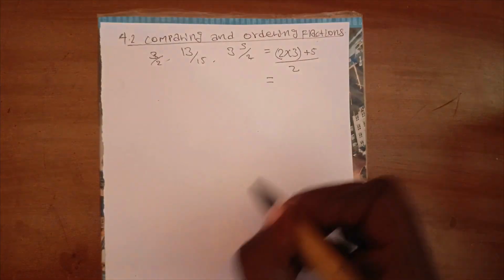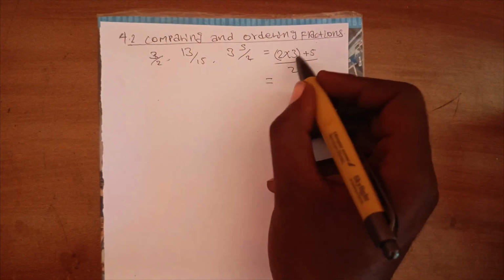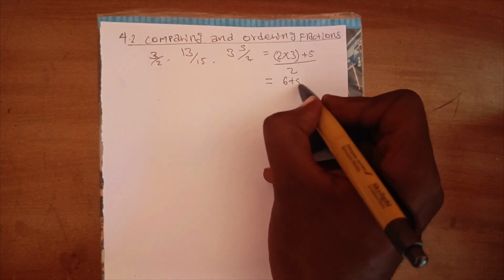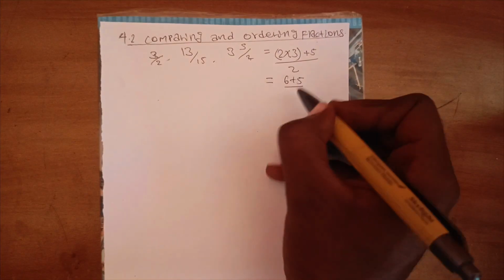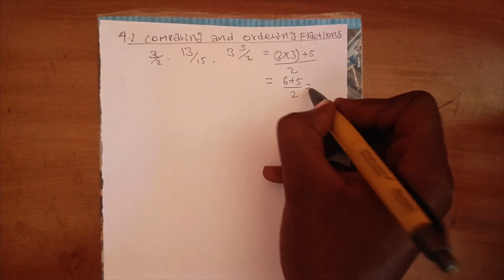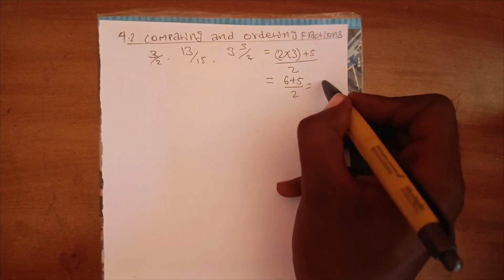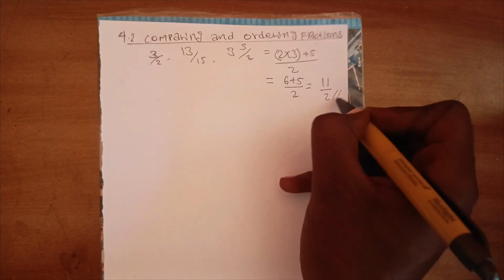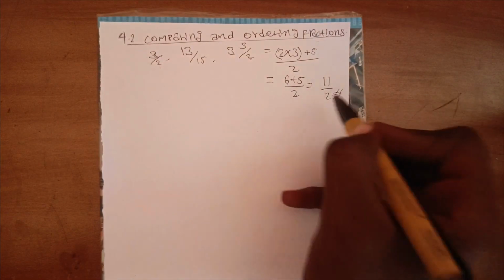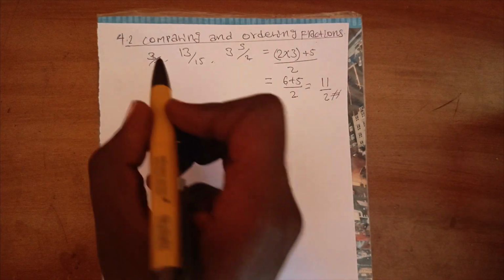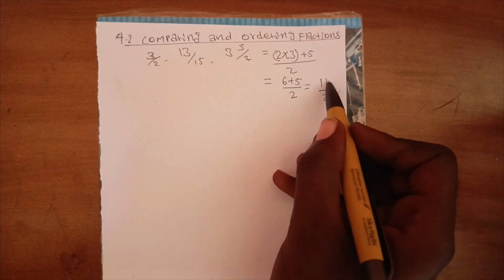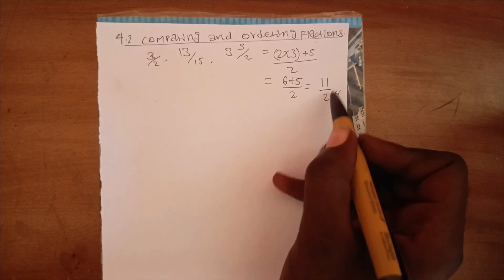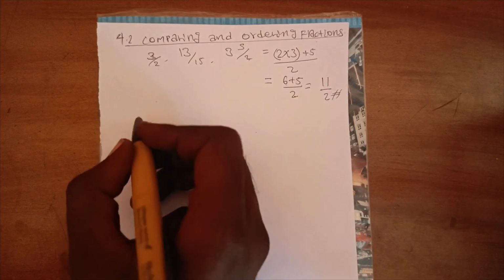The answer should be what? 2 times 3 is 6. 6 plus 5 over 2 is equal to 6 plus 5, 11 over 2. It is what? Improper fraction, because the numerator is greater than the denominator. So it is an improper fraction.